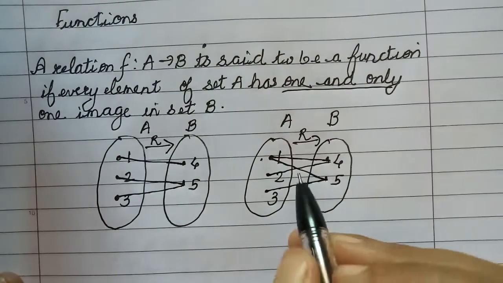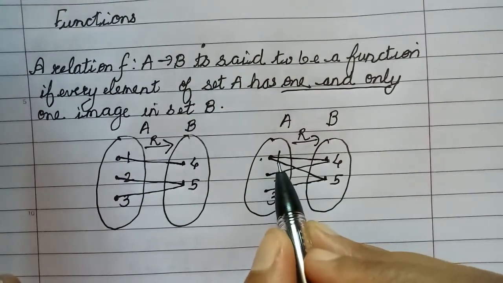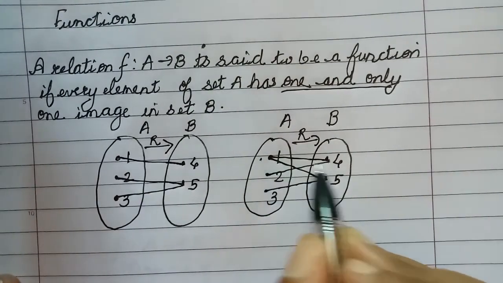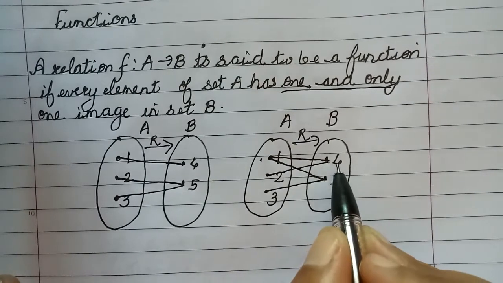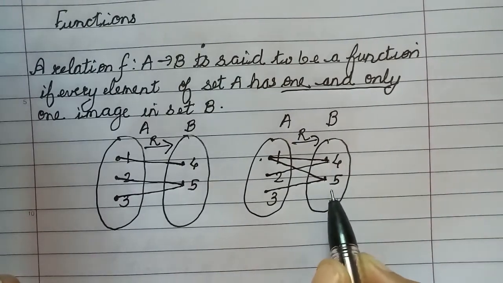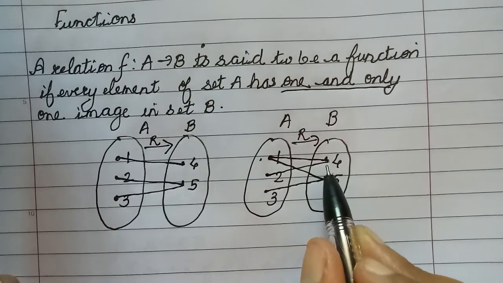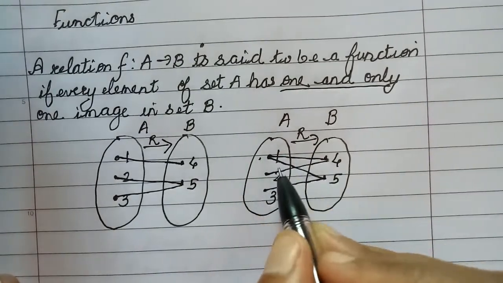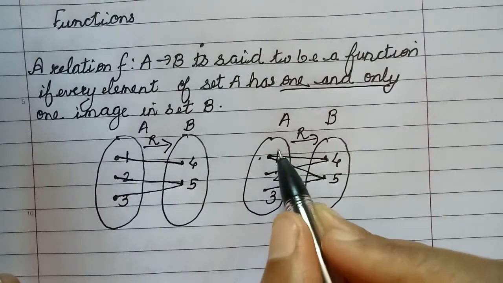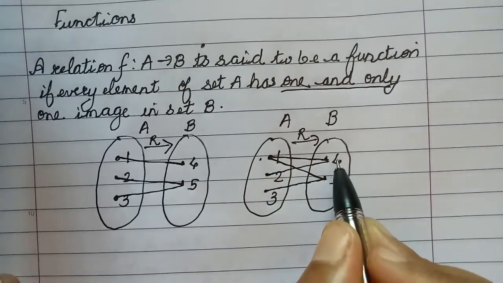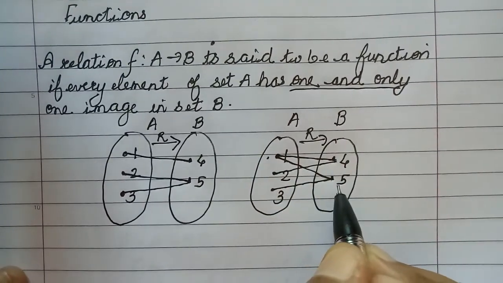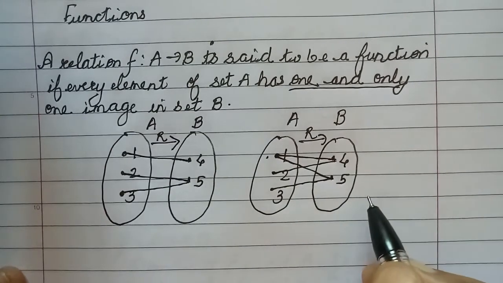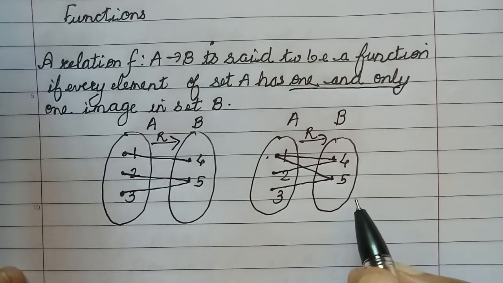Now what will happen here also? Again you can see, children, here your element 1 is having two images, right? It is having 4 also as image, it is having 5 also as image. Even though 2 is also having image 4, 3 is also having image 5, no problem. But if you look at your element 1, it is having two images 4 and 5, which is not technically correct, because when you solve a problem, an element cannot have more than one image, otherwise your calculations all will be wrong.